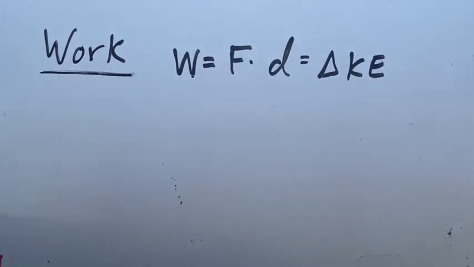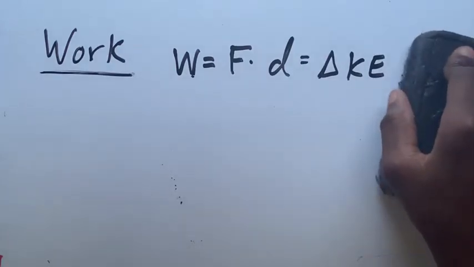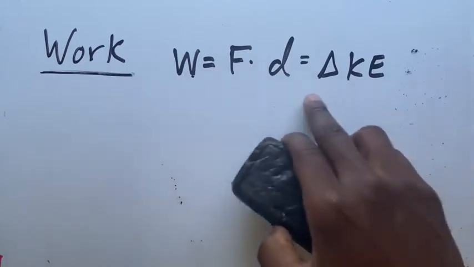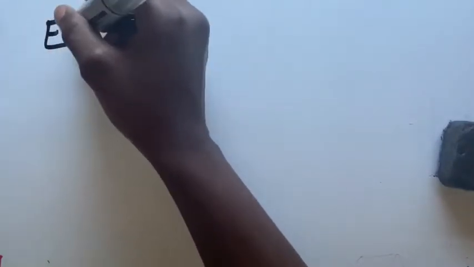All right, so going through the slides here. Now we're going to talk a little bit about energy. I've already told you about kinetic energy. Another form of energy is potential energy.